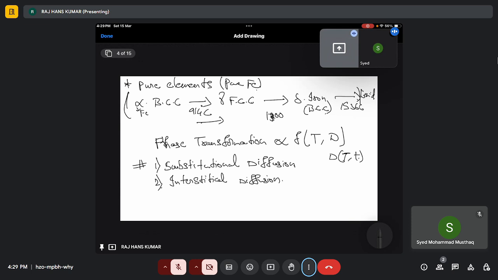Substitutional diffusion happens when, suppose this is my material, and my atom is trying to diffuse from here to here. The atom which is trying to diffuse in the material has the same size as the host atoms, right?